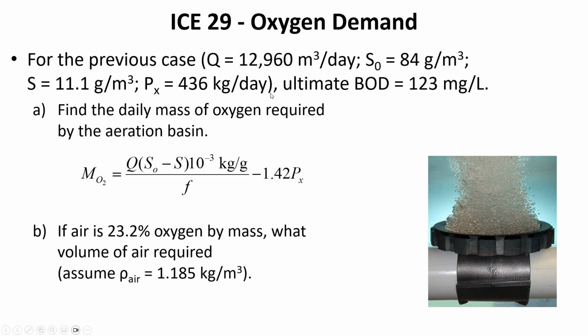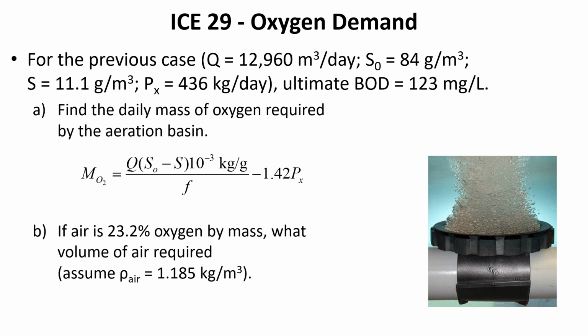And then we know that the sludge that's being produced in this aeration basin is 436 kilograms per day, and that's the dry mass of sludge solids that are being produced. So that's not the volume of sludge, that's the mass of sludge solids that's being produced.